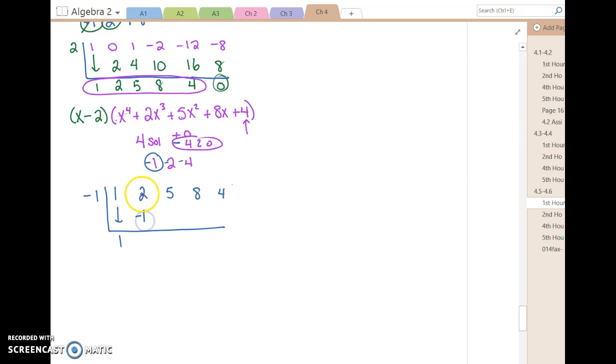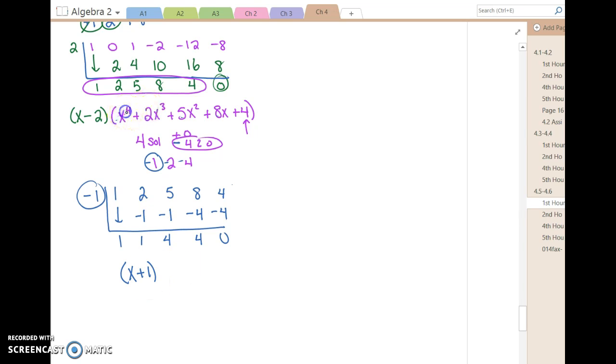That's negative 1. Add them. Multiply. And add. Multiply. And add. Oh, hey, it worked the first time. So negative 1 is a solution, which means x plus 1 is a factor.